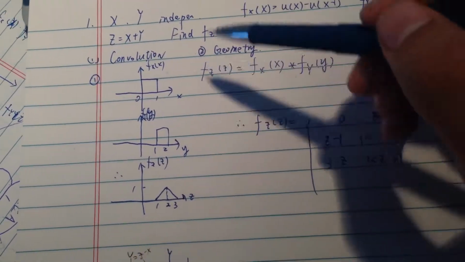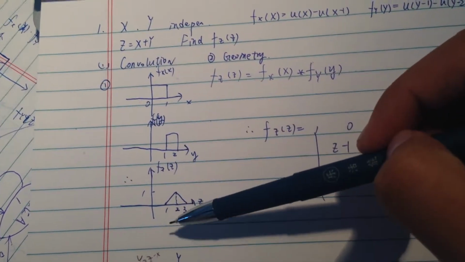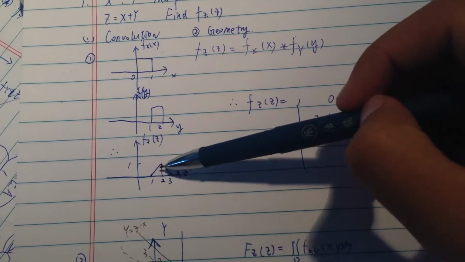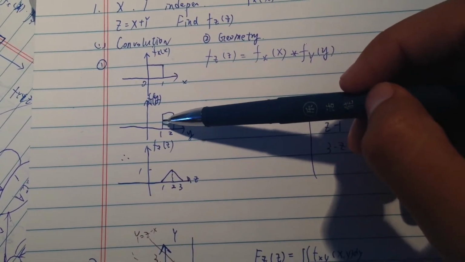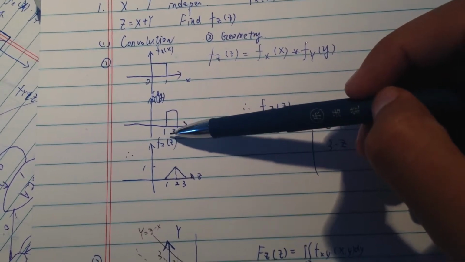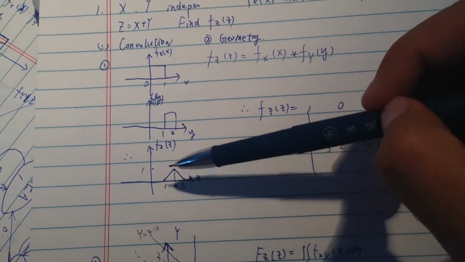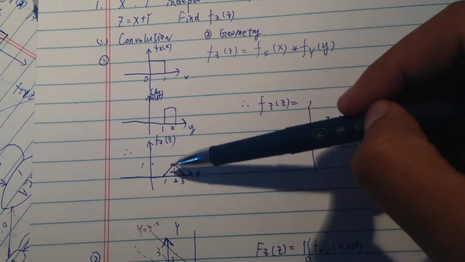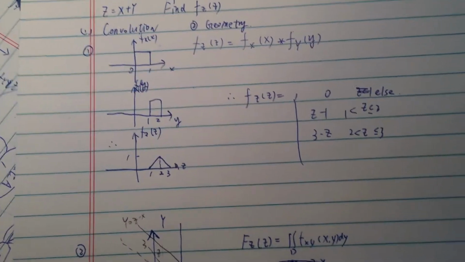With this, we can easily draw it like this. This is X, this is Y, and this is the convolution. When the right side of X just moves to the left side of Y, then Z goes from 1 to 2, and the convolution equals 1, so the slope is 1.